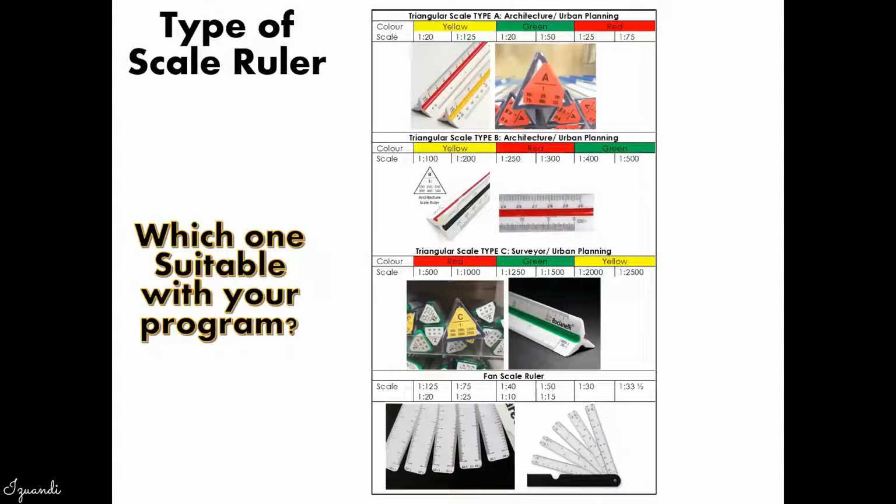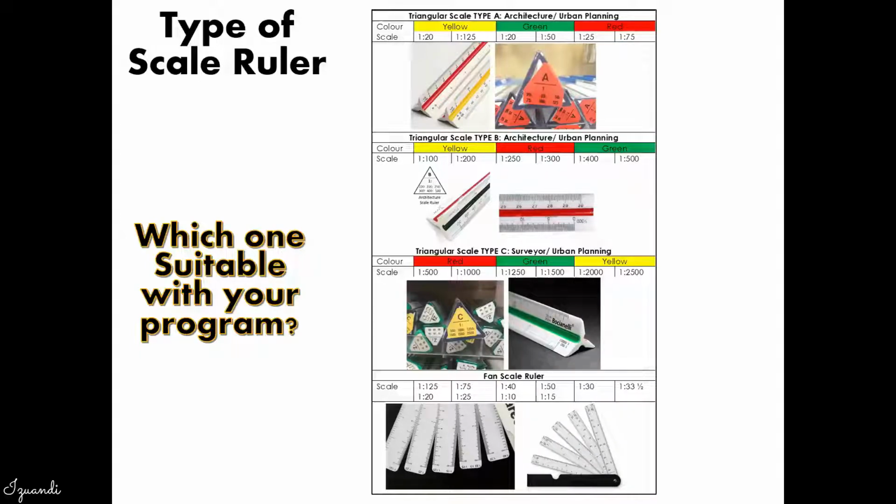The colors represent the scales. For example, the yellow side has 1 to 20 and also 1 to 125. The green side has 1 to 20 and 1 to 50. And the red side has 1 to 25 and 1 to 75. These scales represent the sizes that fit your drawing.